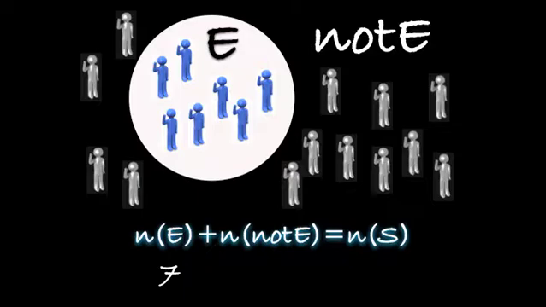By the complement rule, if we take the 7 people that are in E, we add them with the 13 people that are not in E, we find that it's equal to 20 people that are in this Venn diagram, the total number of people in this picture. The number of people that are in E plus the number that are not in E is the total.